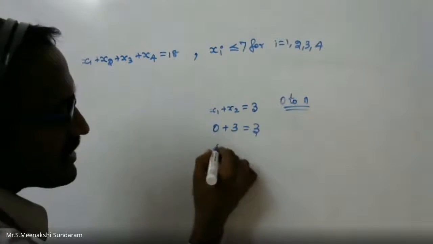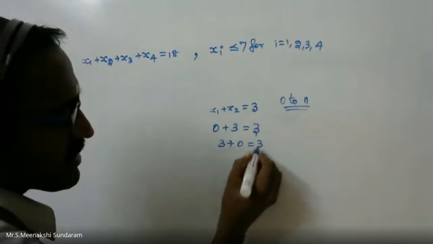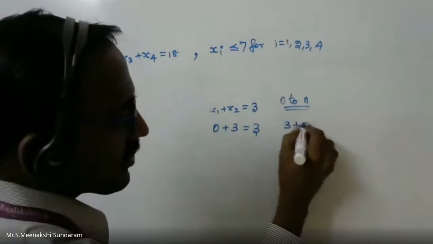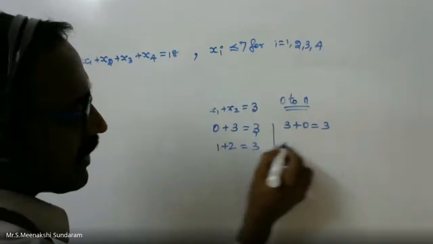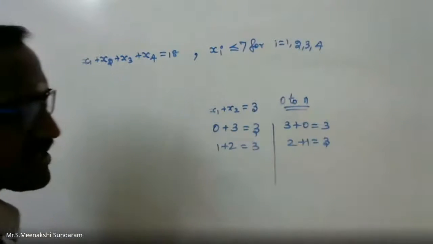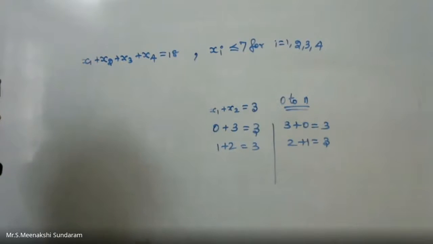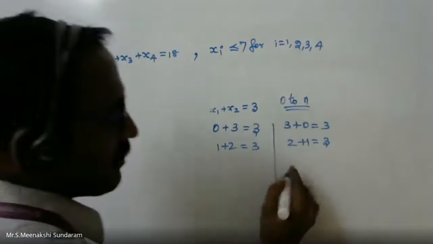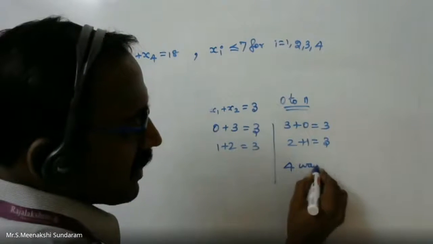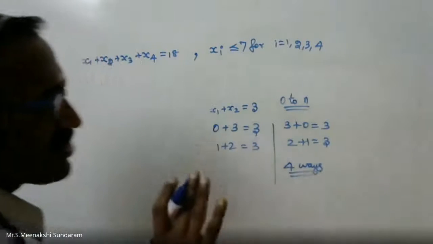Any other possible? 3 plus 0 ன்னு போடலாம். ஓகே, 1 plus 2. அப்போ 2 plus 1. Any other possible? That's all. Non-negative. அப்போ how many possible? 4 ways. There are 4 solutions.